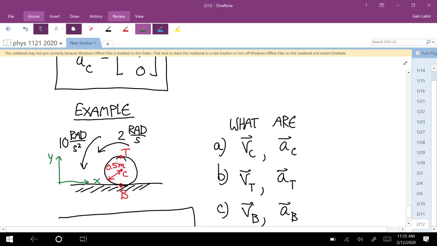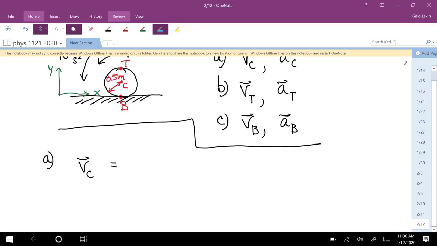Okay. Because that's the coordinate system we're always going to use for this. Okay, so the velocity of C is negative omega r, and then 0 for y.